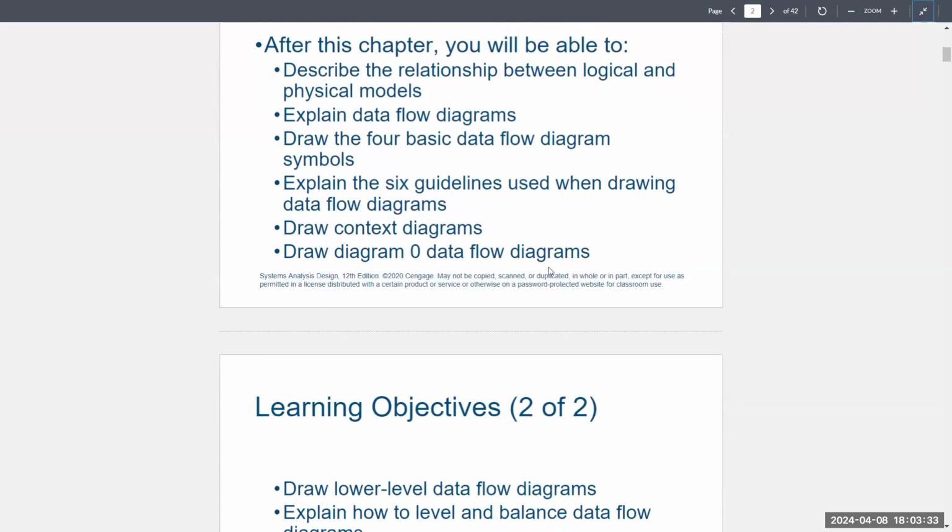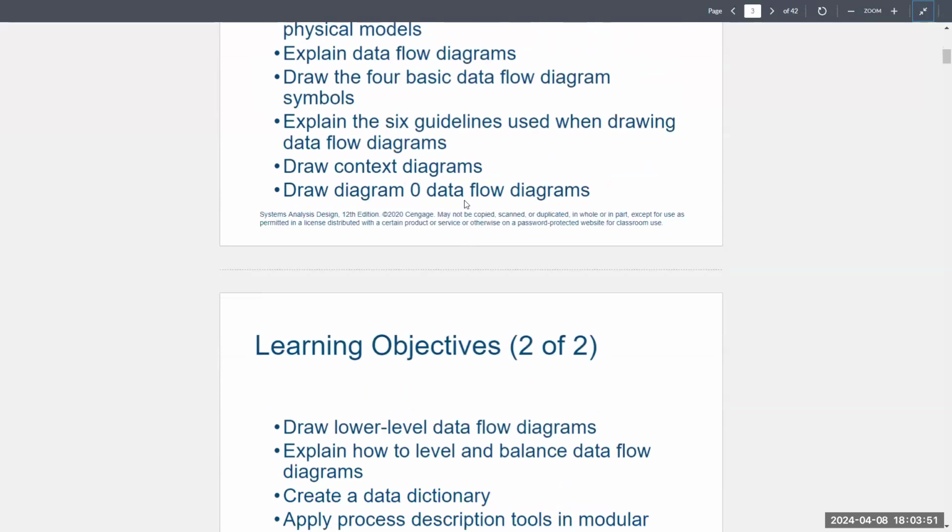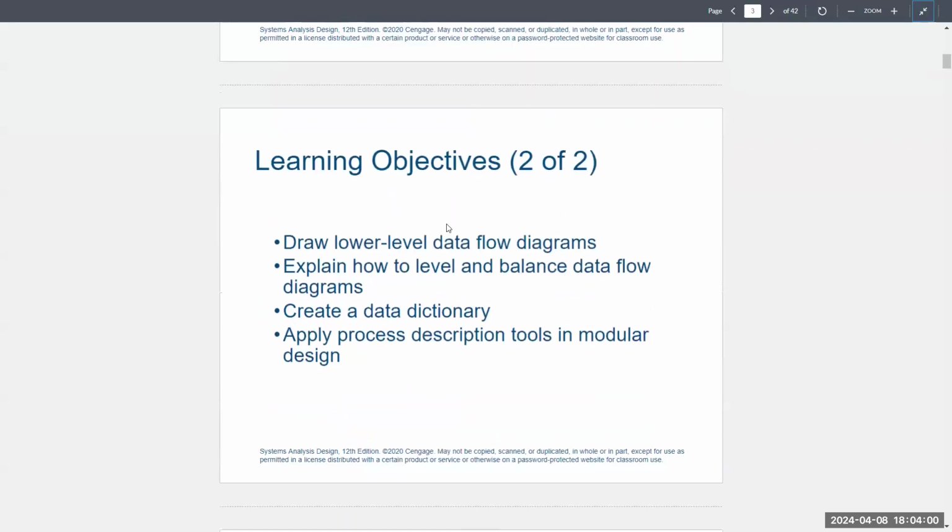And as far as the data flow diagram, there are different symbols involved in creating those diagrams, basically 4. A lot of rules involved in using those symbols. Talk about what those guidelines are, and different types of data flow diagrams too. Context diagram, diagram 0, diagram 1, different levels, right? Starting from the higher level, you can go as deep as you can.